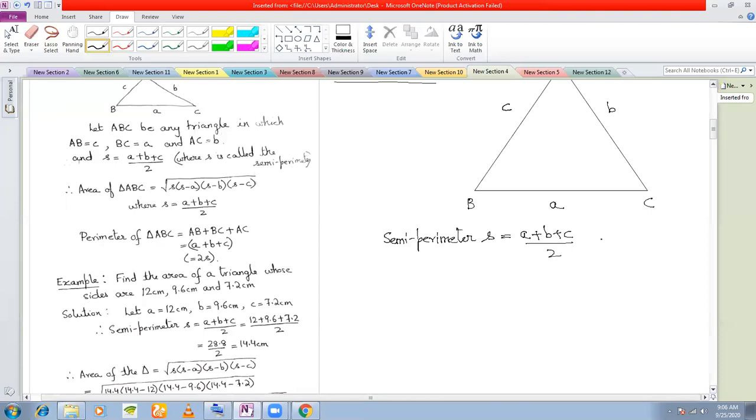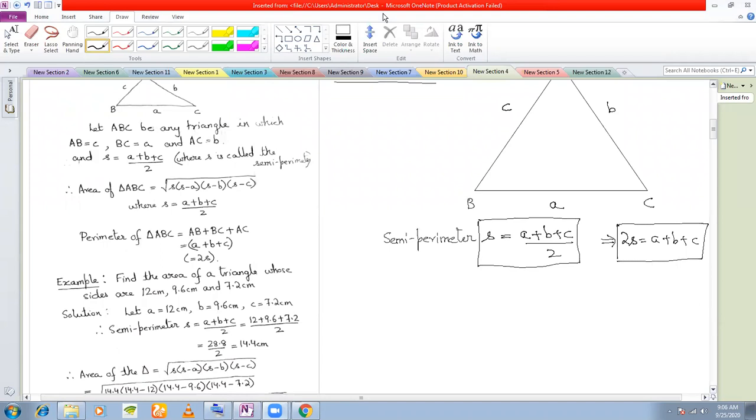This relation is also expressed as 2s is equal to a plus b plus c. Remember both ways: s is equal to a plus b plus c by 2, and 2s is equal to a plus b plus c.